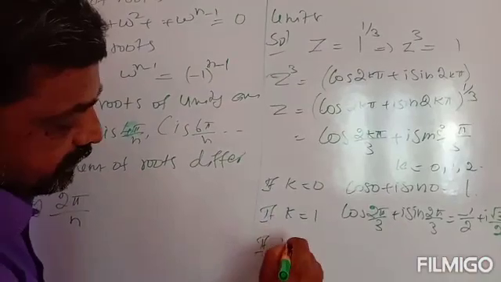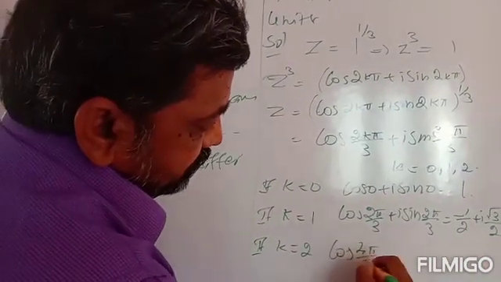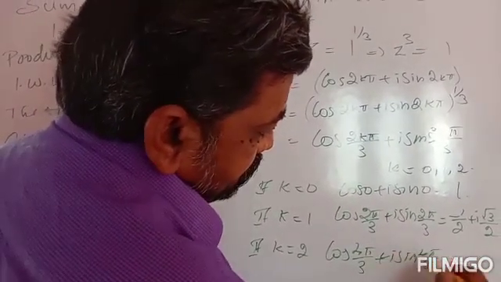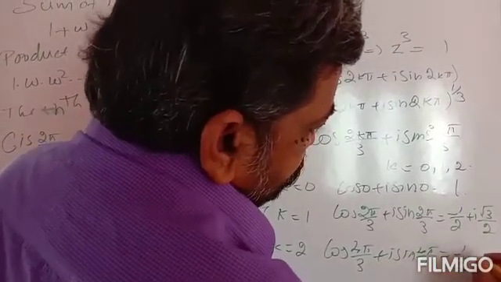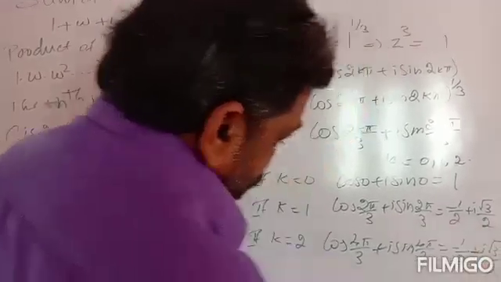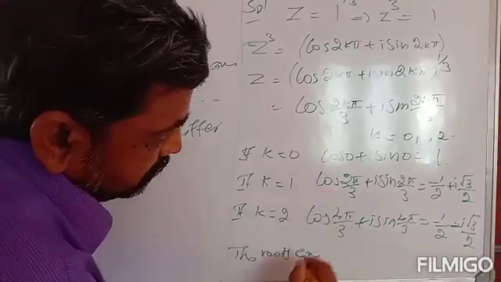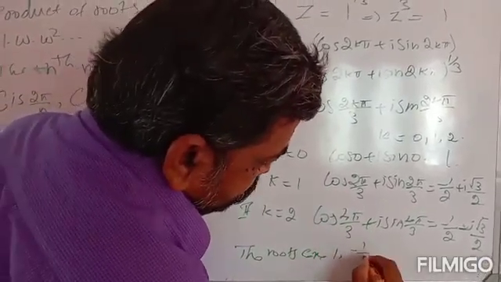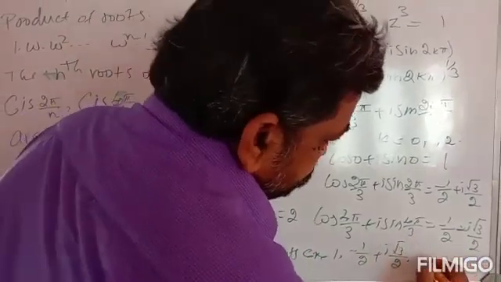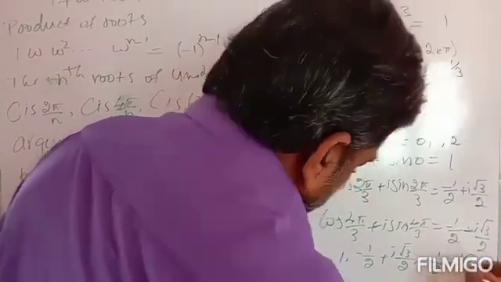Next, if k is equal to 2, cos 4 pi by 3 plus I sin 4 pi by 3, that is equal to minus 1 by 2 minus I root 3 by 2. So the roots are 1, minus 1 by 2 plus I root 3 by 2, minus 1 by 2 minus I root 3 by 2.